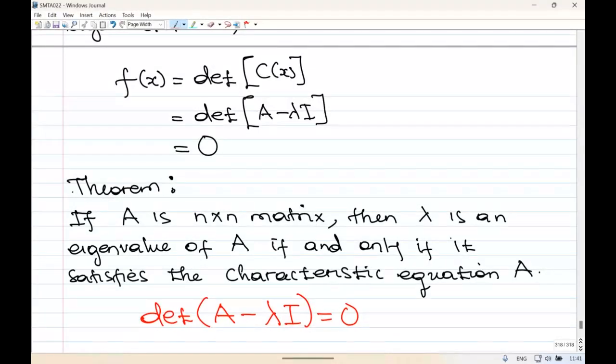Before I go further, let me see. We're supposed to talk about the definition of the subspace of eigenvalues, but we'll see that one next year.